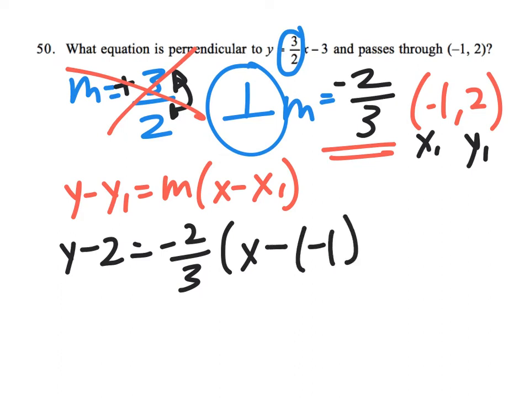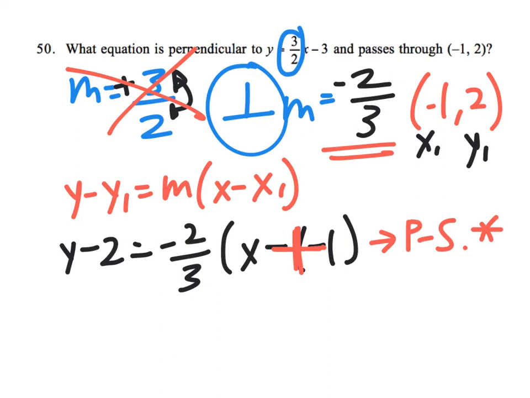Remember, if I have minus a negative, that's the same as plus. So my first equation in my point slope form is y minus 2 equals negative 2/3 times x plus 1. That would be your answer if they want it in that form. My guess, since they're giving us fractions, they're just going to leave it like that. But we're going to simplify just in case that's not what they want.